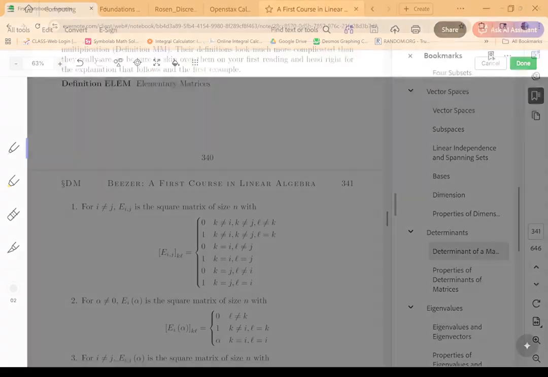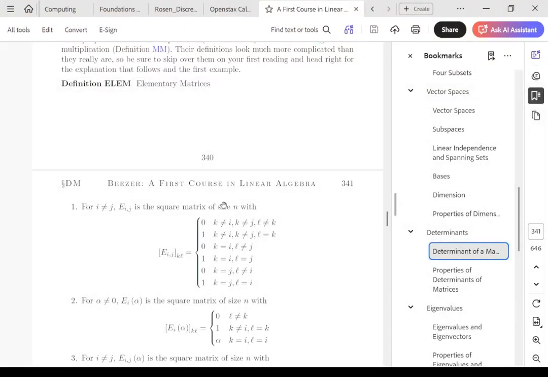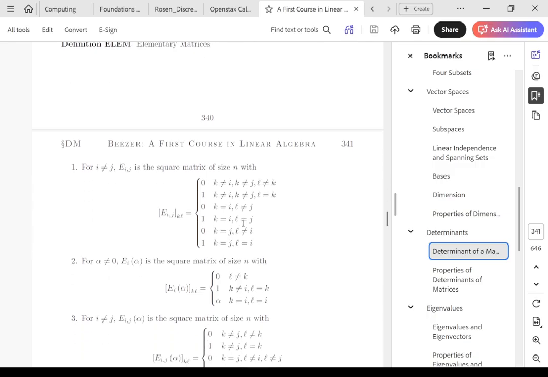So I'll show you what it looks like here, and then we'll try not to freak out over seeing the notation, because it is overwhelming. So the textbook defines elementary matrices, and it has three different elementary matrices.